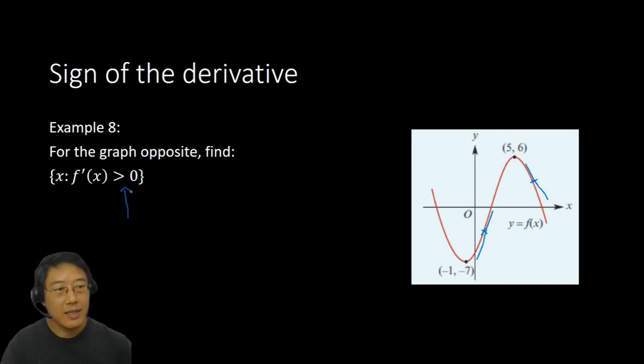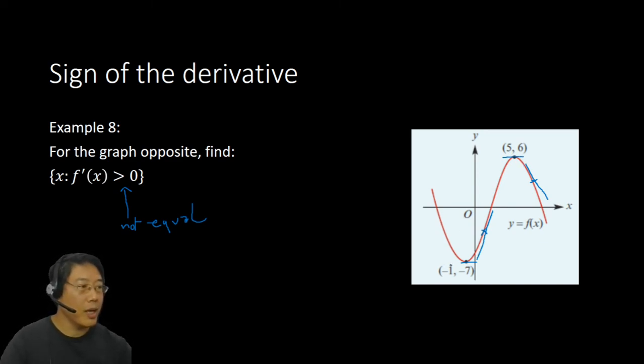Notice that it's not equal. As it's not equal, you need to exclude those points where the tangent is horizontal. So that's horizontal and that's horizontal. So it's between -1 and +5. You read the coordinates, and you need to exclude the boundaries.